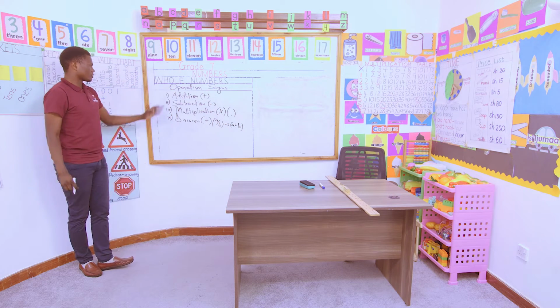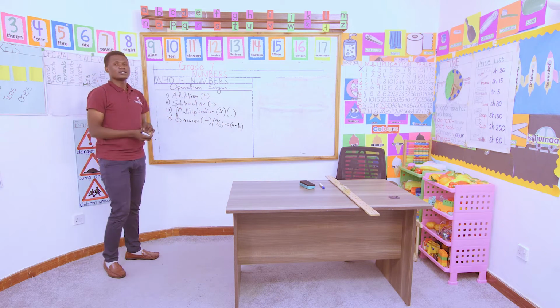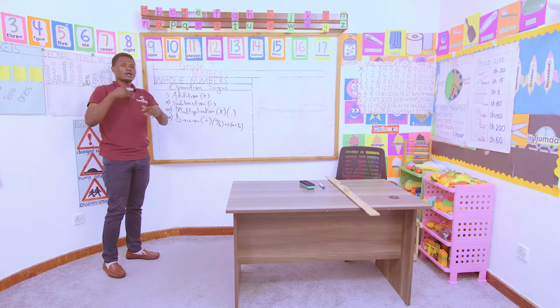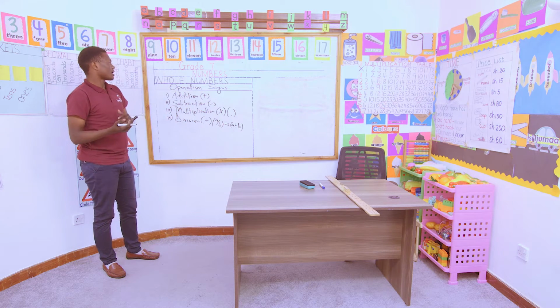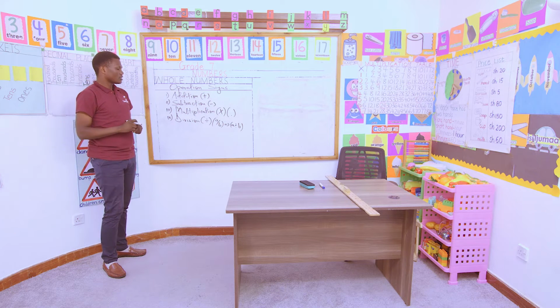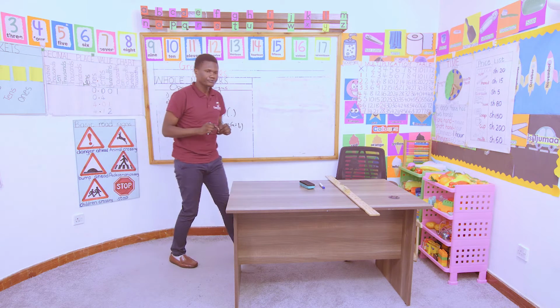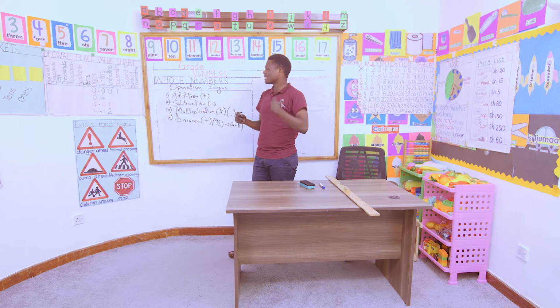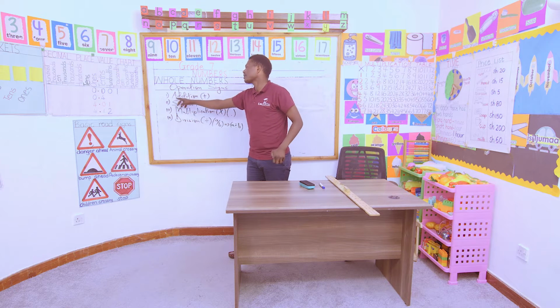So these are the 4 basic operation signs that we have been discussing, and we shall continue using them as long as we keep on studying mathematics. So in today's session, I want us to discuss some of the terminologies or vocabularies that the examiners are fond of using instead of the word addition.